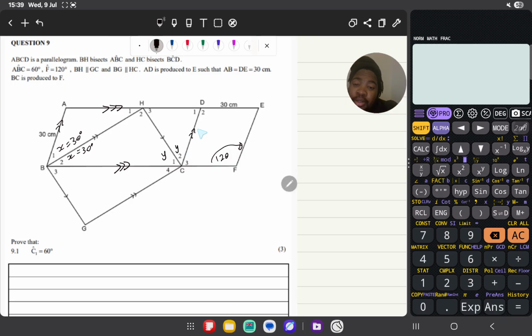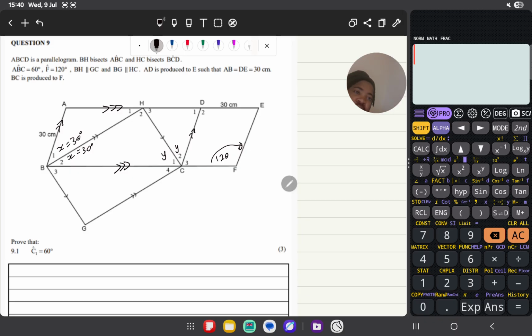So we know that DC is parallel to BA, right? That's what we know by this shape being a parallelogram. Let me start this way.